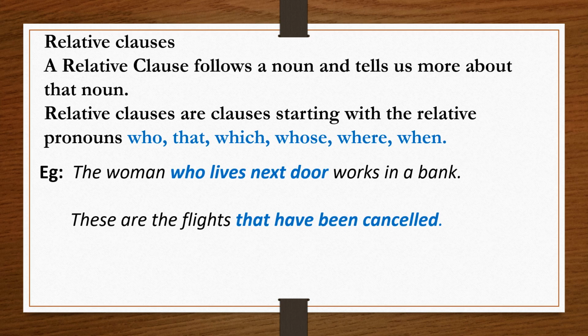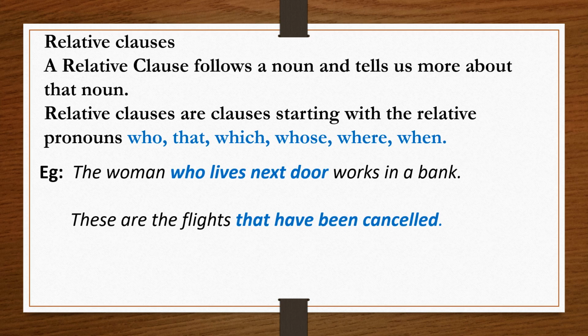The woman who lives next door works in a bank. The group of words who lives next door is a relative clause. It begins with the relative pronoun who. This clause follows after the noun the woman. The group of words who lives next door tells us more about the woman.